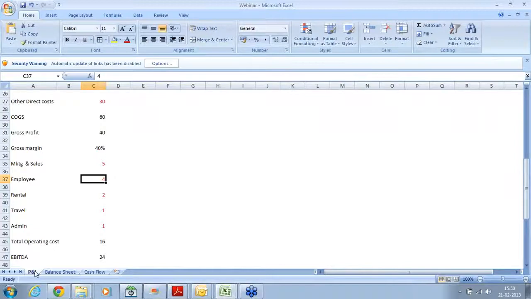Our next question is from Supriti Tripathi. She asks, what is operating cost? Okay, we are on that sheet itself. What I'm going to tell you today is not necessarily complete.